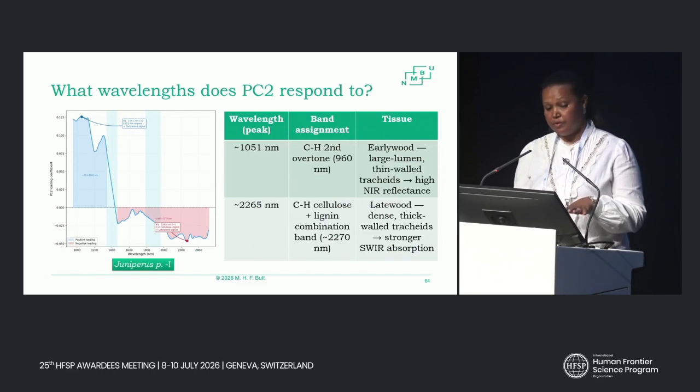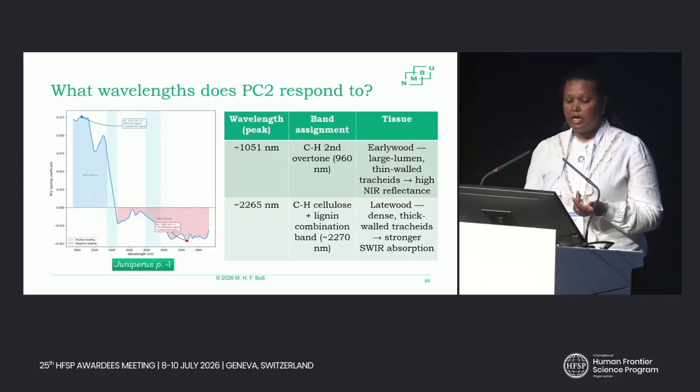The x-axis is the wavelength and the y-axis is the PC2 loading coefficient. We tried to study the reflectance properties, and it's not random in Juniperus.